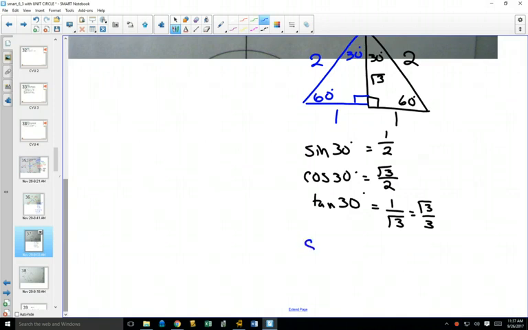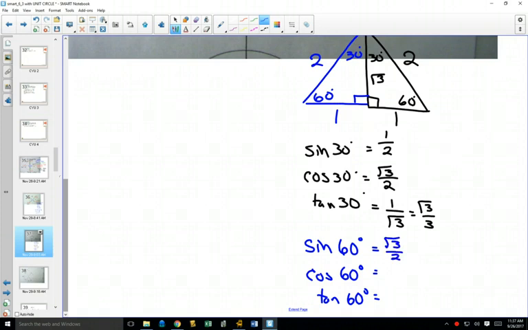Similarly, we can do sine, cos, and tan of 60 degrees. So sine of 60 degrees, well, now it'll be root 3 over 2. Cos of 60 degrees, that will be 1 over 2. And tan of 60 degrees will be root 3 over 1, which is just root 3.